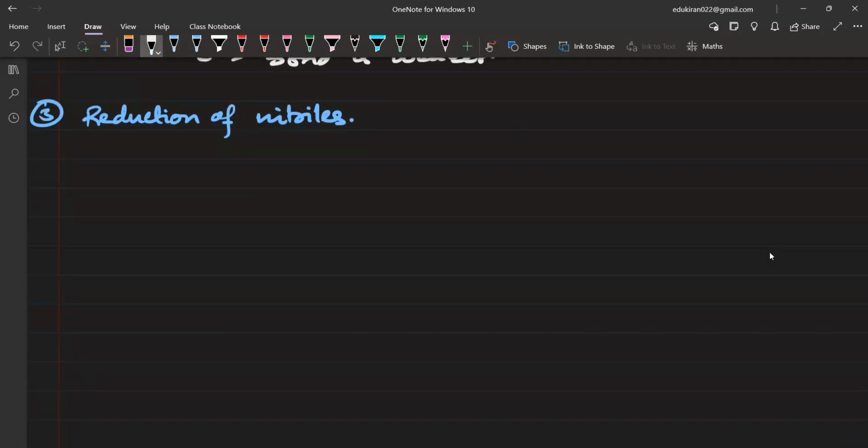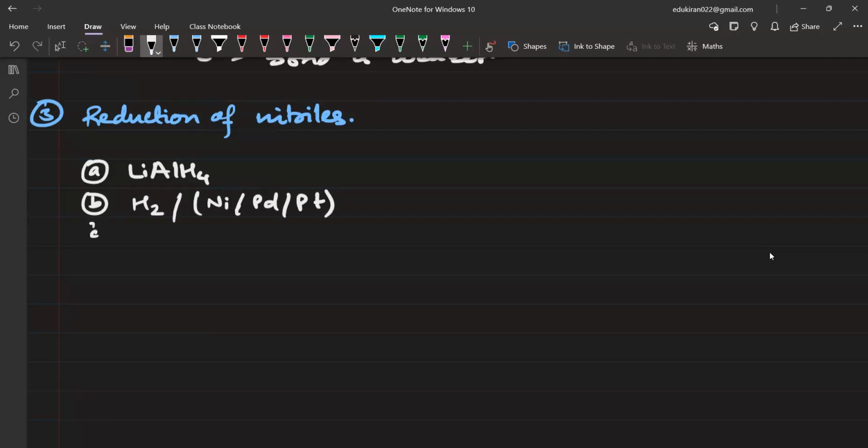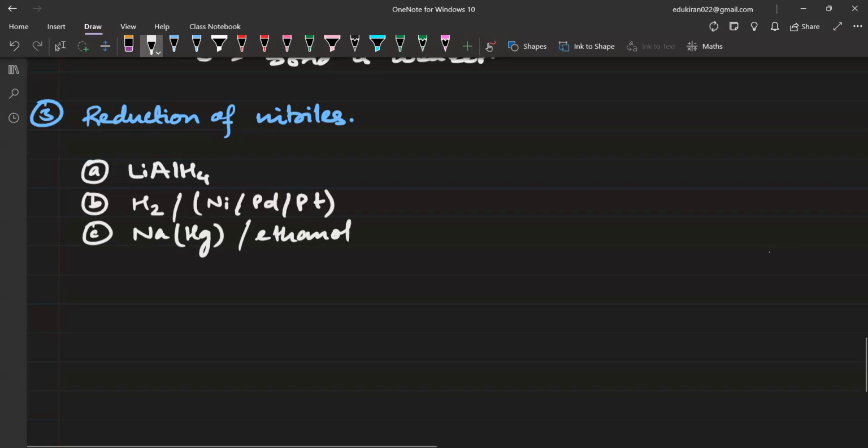Reduction of nitriles, it can be reduced using 3 reducing agents. First, lithium aluminium hydride. Second is H2 in the presence of nickel or Pd or Pt, any one of these catalysts. Third is sodium amalgam. Amalgam is sodium mixed with Hg, in the presence of ethanol. So these are the 3 reducing agents that we can use, any of these 3.